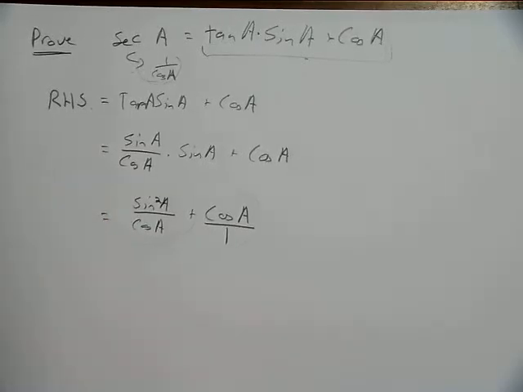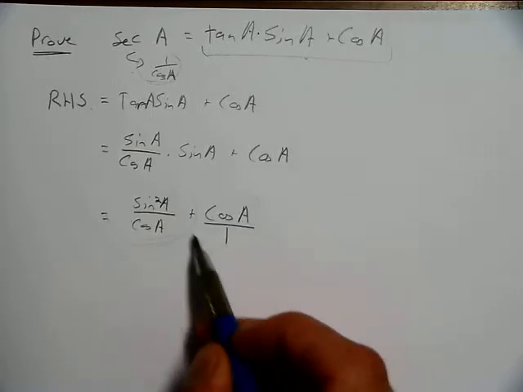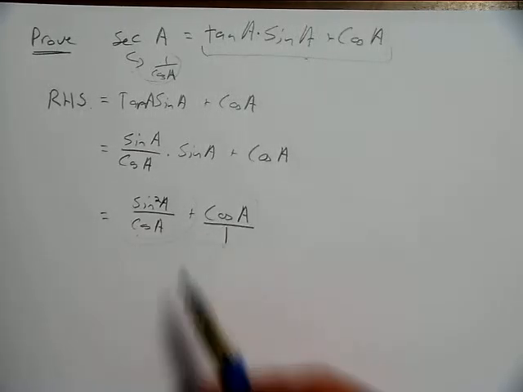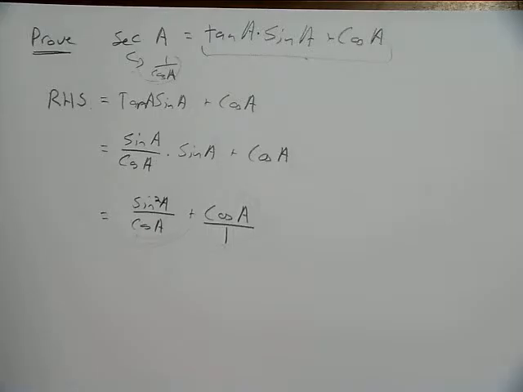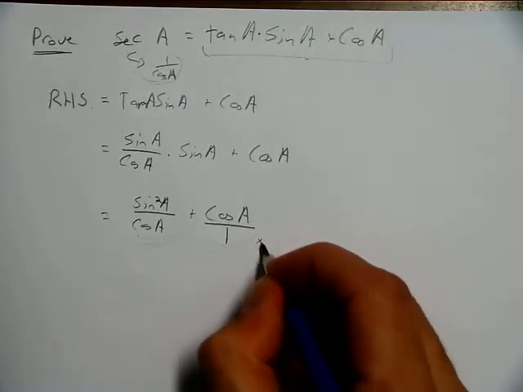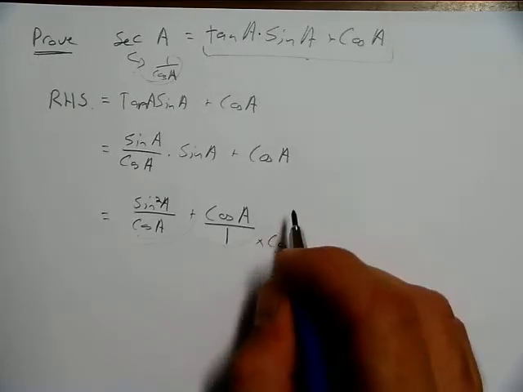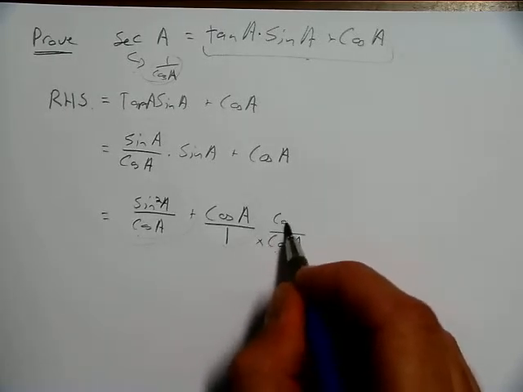What can we do to be able to combine these two fractions? They have to have the same what? Denominator. So we have to have the same denominator here. What's the easiest way of doing that? What can we turn this denominator into? Multiply it by cos A. But if we multiply by cos A on the bottom, we have to do the same on the top.